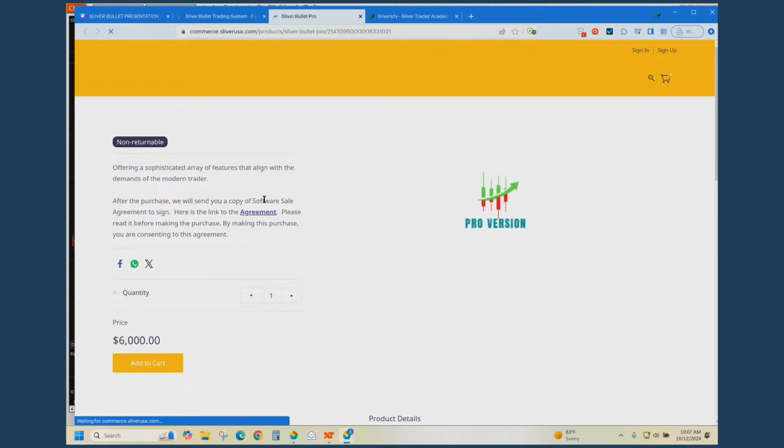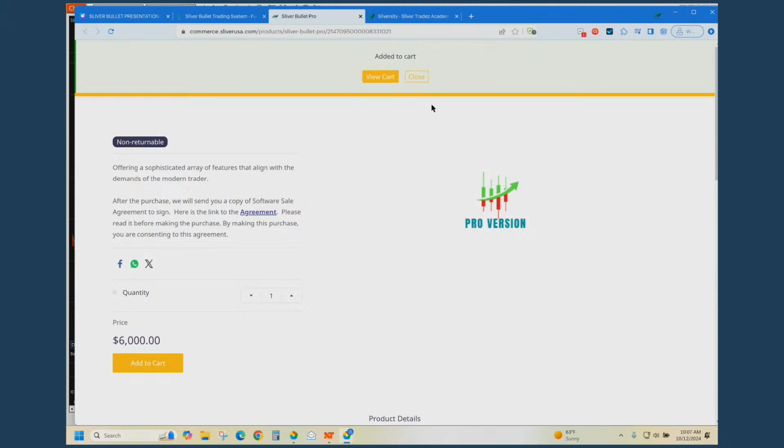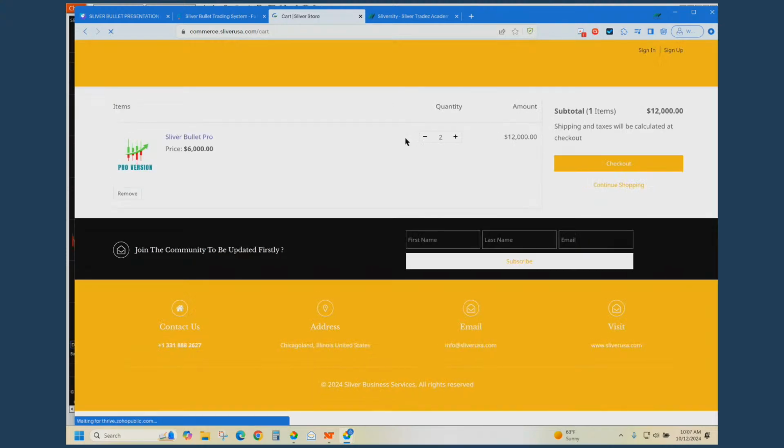Once you click on the buy now button, you come to this page, and you click on agreement. Make sure you read this document because it has important licensing information and license maintenance fee information. Once you read that agreement, click the add to cart button, and then view cart.